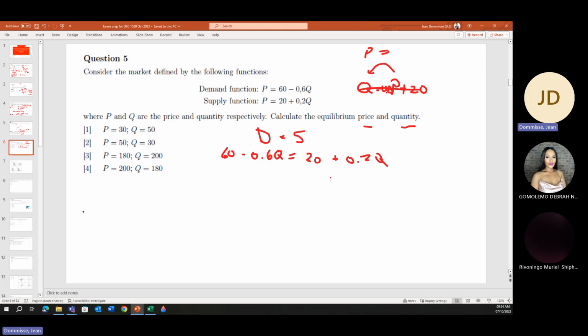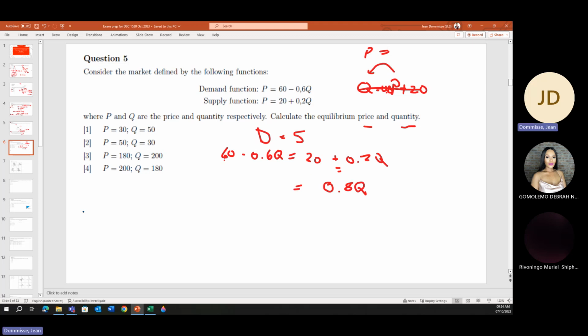In this one, I like that all my positives are on one side, so I will take the 0.6Q to the right hand side. So 0.6 plus 0.2 is 0.8Q.